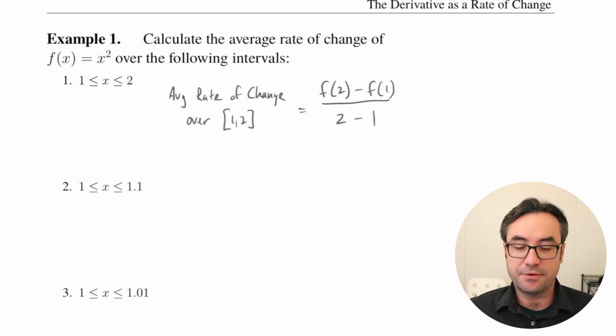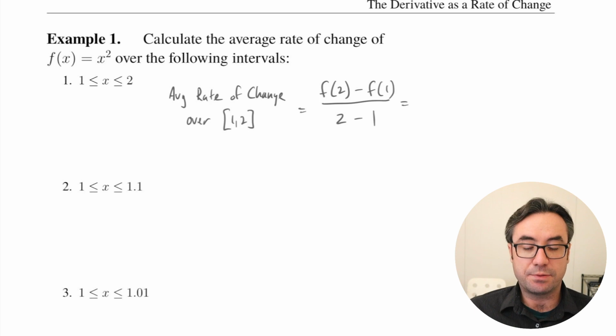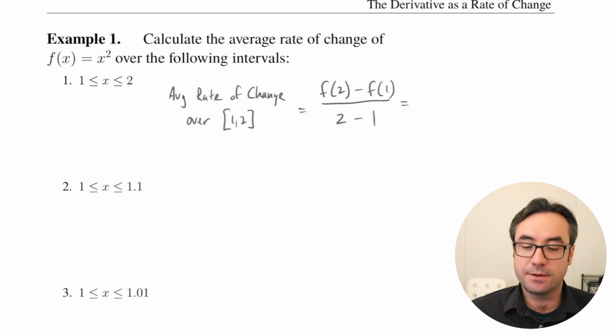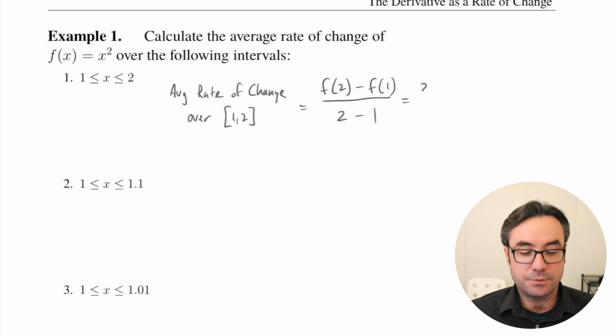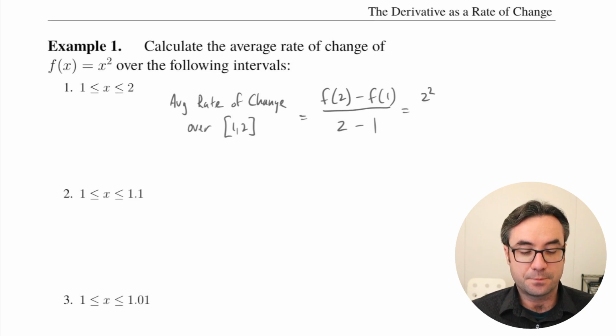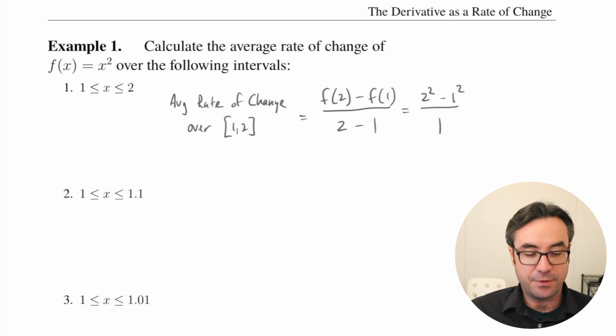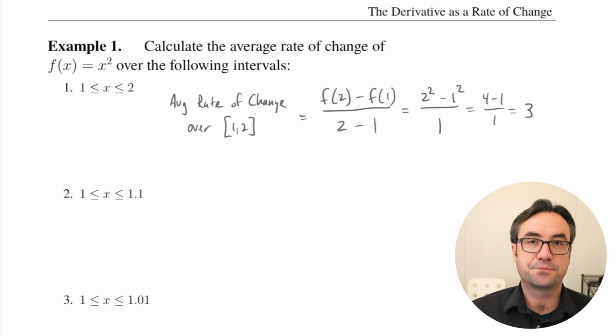If we actually plug the values in, when we plug 2 into our function, we're just going to our regular function here, x squared. And we get 2 squared minus 1 squared over, well, 2 minus 1 is just 1. And then if we calculate, we get 4 minus 1 over 1, which is just 3.